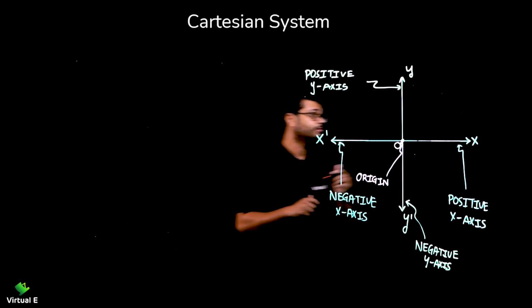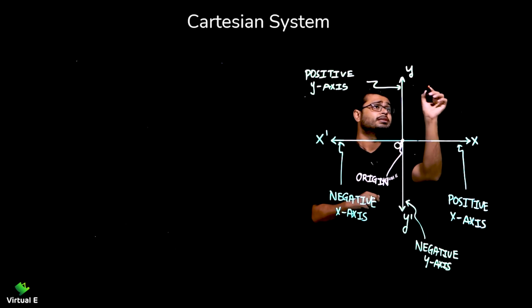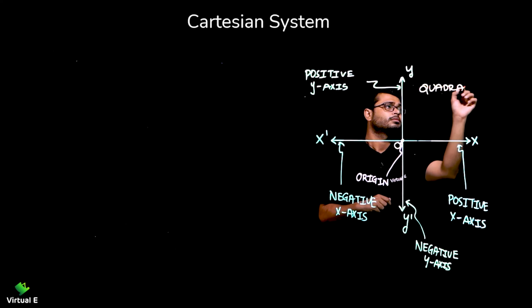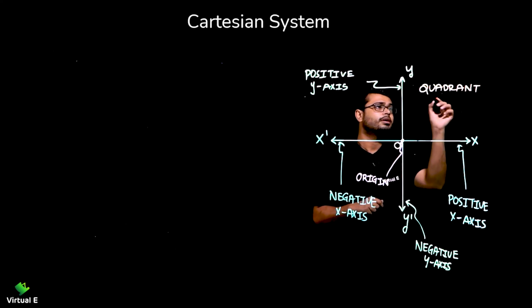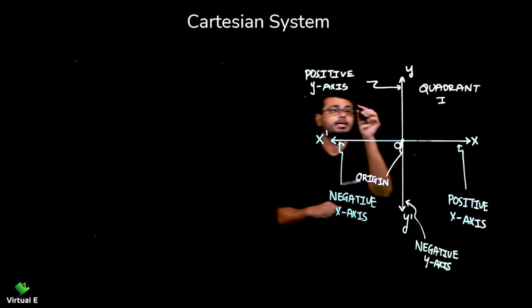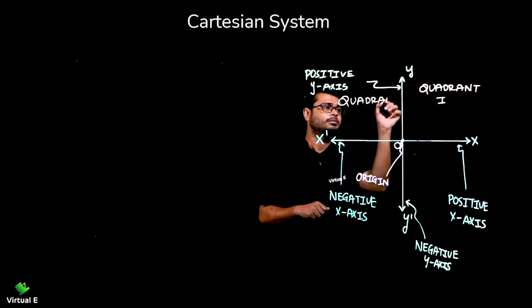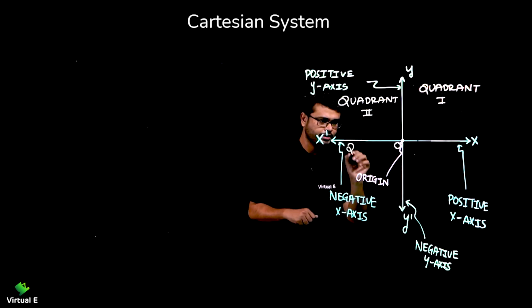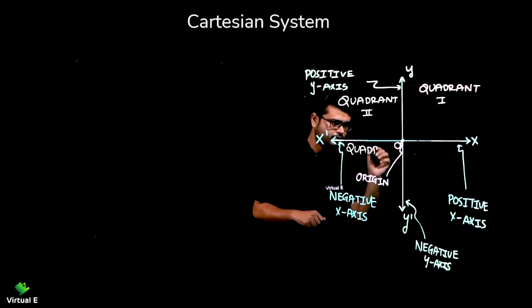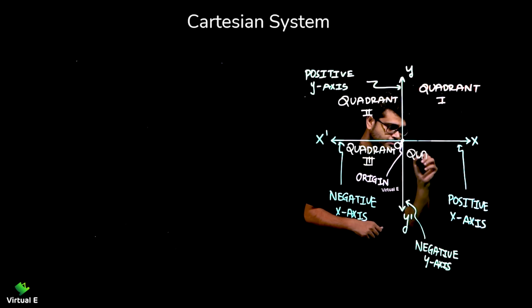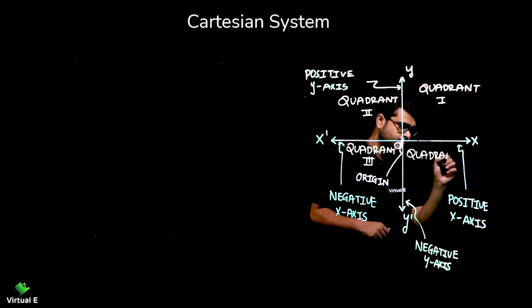So let's label it: quadrant 1, then quadrant 2, quadrant 3, and next quadrant 4.